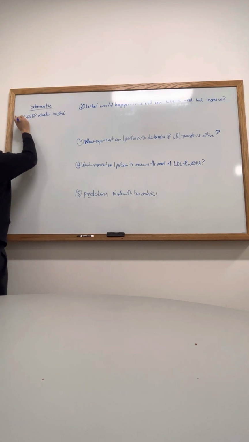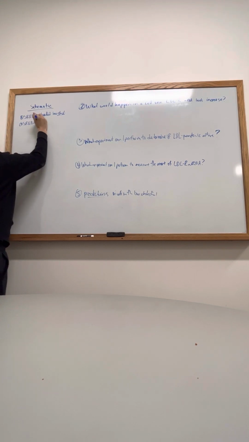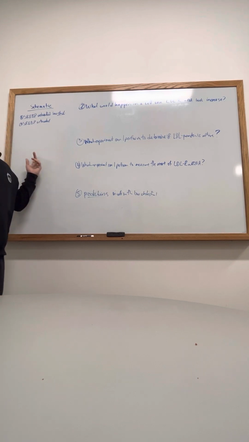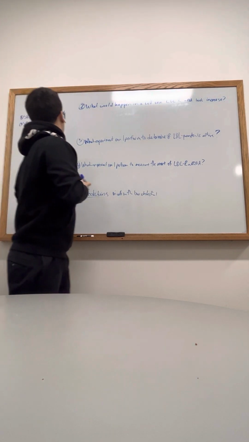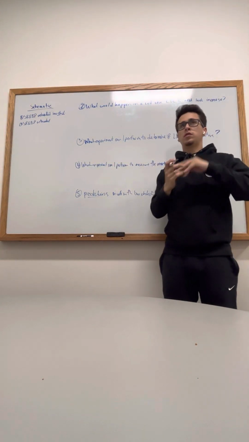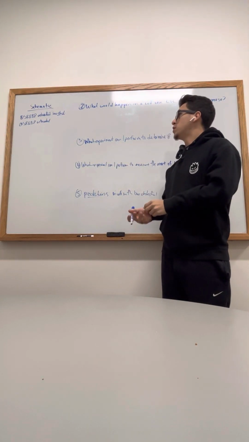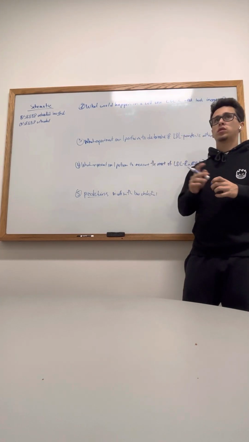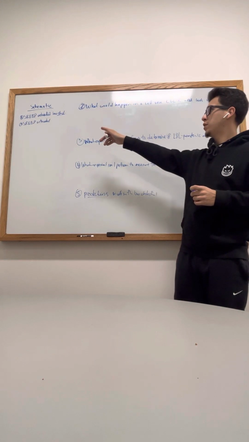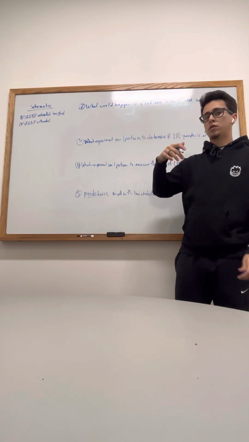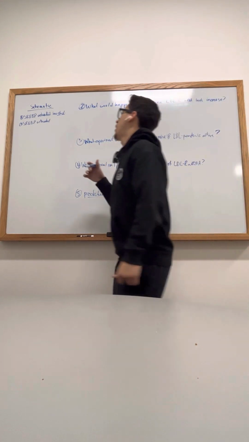Then the activated SREBP is already active, so it's going to get to the nucleus and bind to the SRE on the LDLR gene.